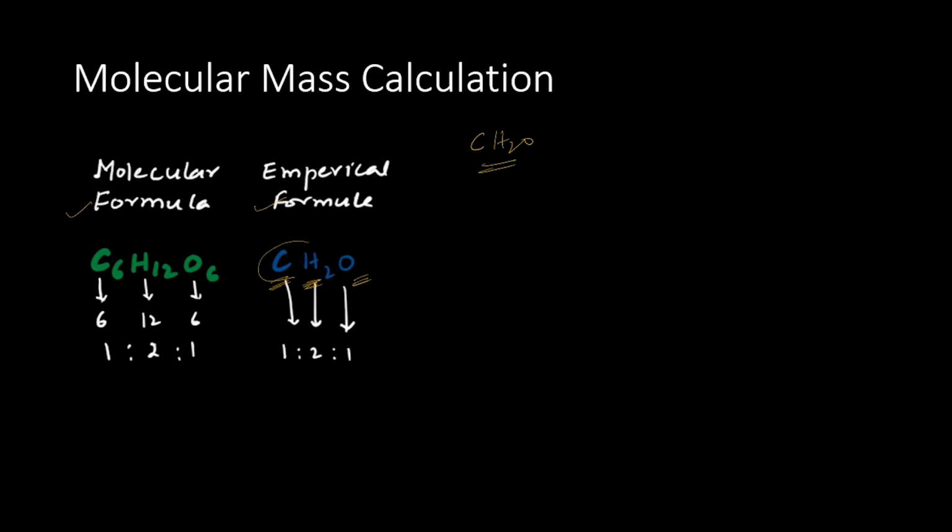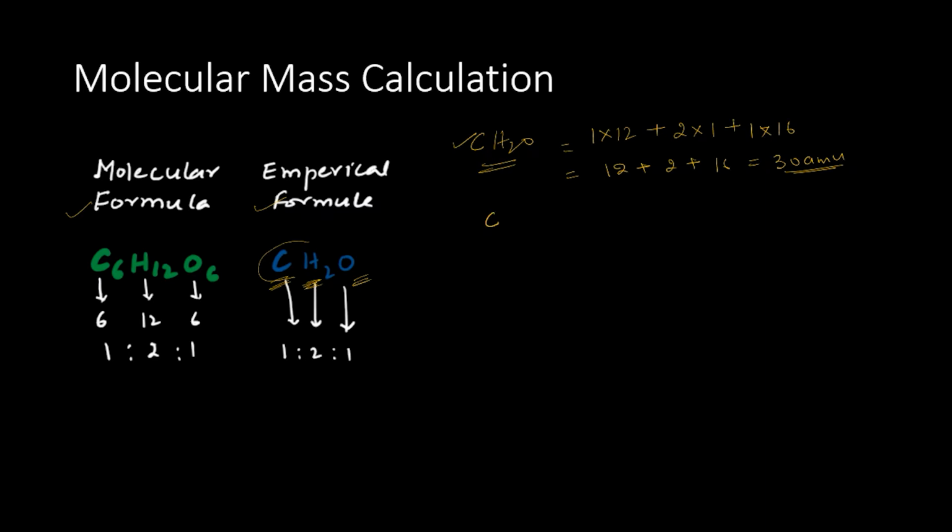Carbon is one part, so 1 into 12 plus hydrogen 2 into 1 plus oxygen 1 into 16. So it's 12 plus 2 plus 16 and it will become 30 AMU for this formula.